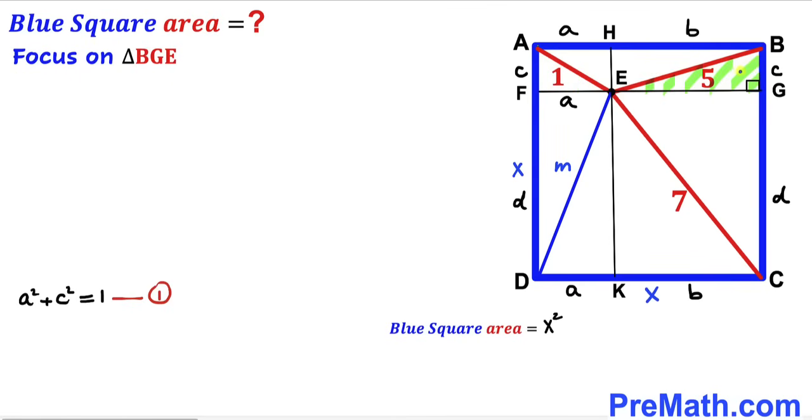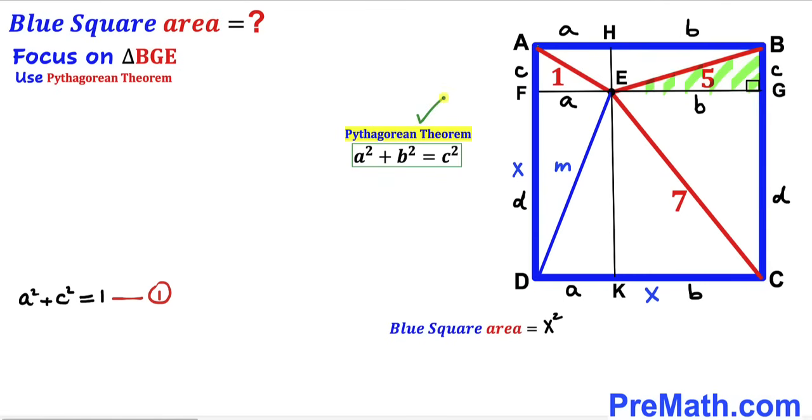Now we are going to focus on this other right triangle BGE. We can see that this segment length is equal to this segment length, which is lowercase b. Let's apply the Pythagorean theorem on this triangle as well. In our case, our hypotenuse is 5, whereas our two other legs are b and c.